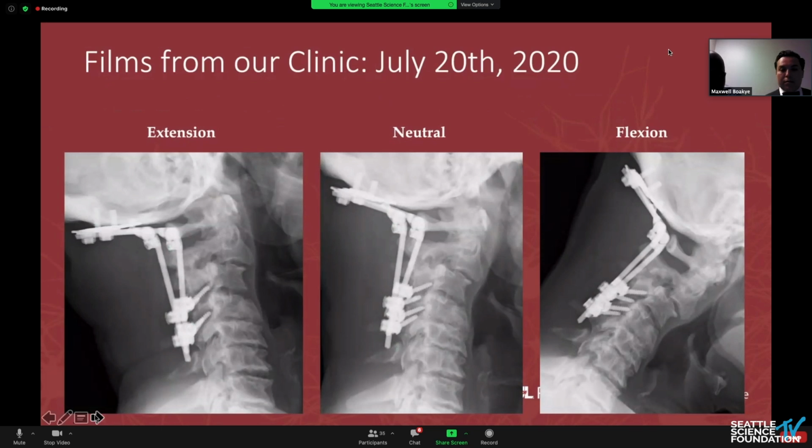So Rod, what would you do now? I probably would go in and take out the hardware in the back and do an ACDF at C2-3 and C3-4. In fact, I have a case of my own that we're going to present at our conference on Friday, where I did this.